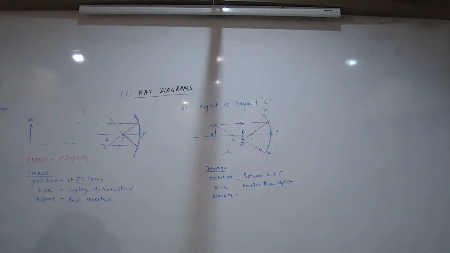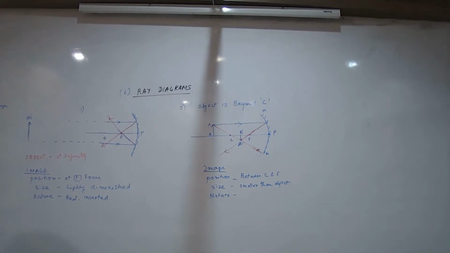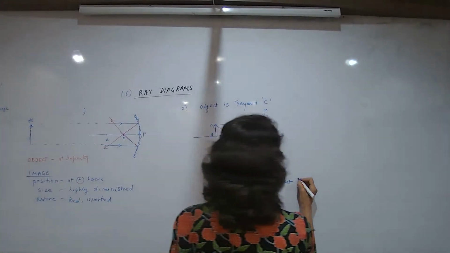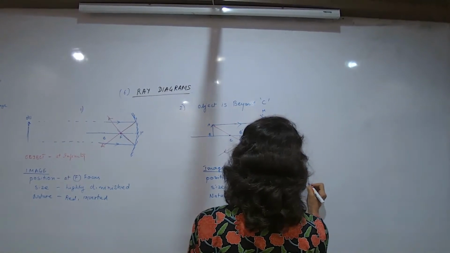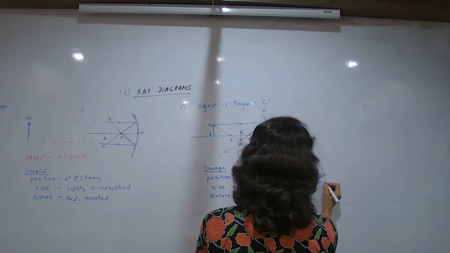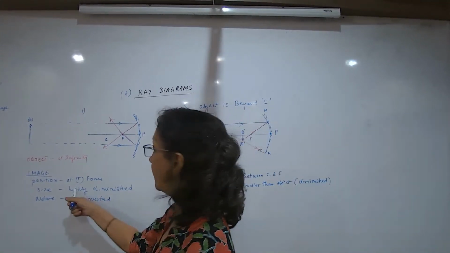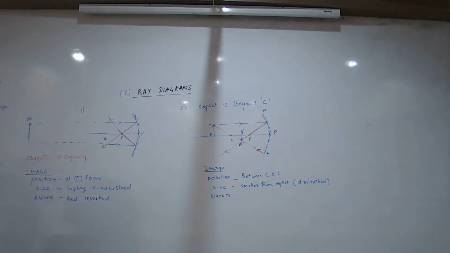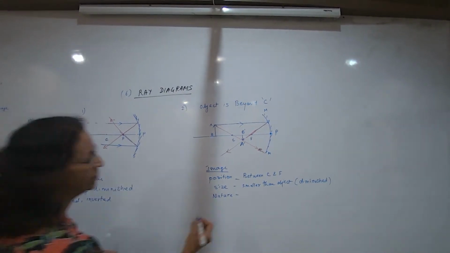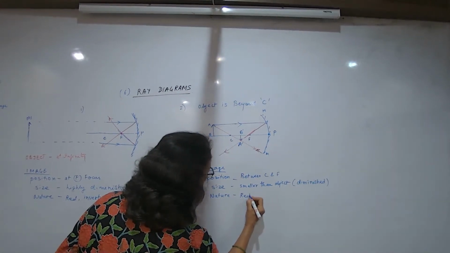Smaller than the object, right? But you can also write it as diminished. This is highly diminished. And what is the nature here? Real.